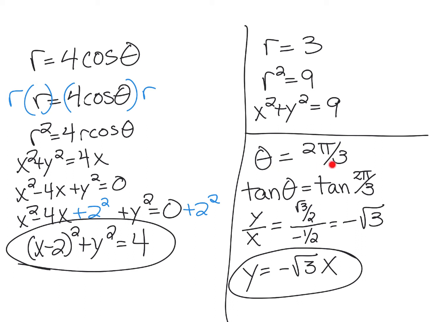Okay, what about this line? If I know that theta equals pi over 3, think about what that's going to look like.